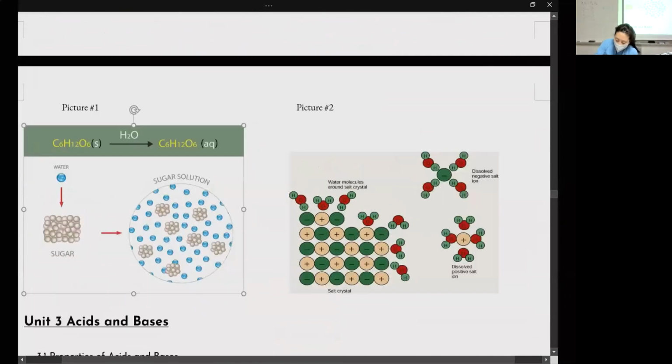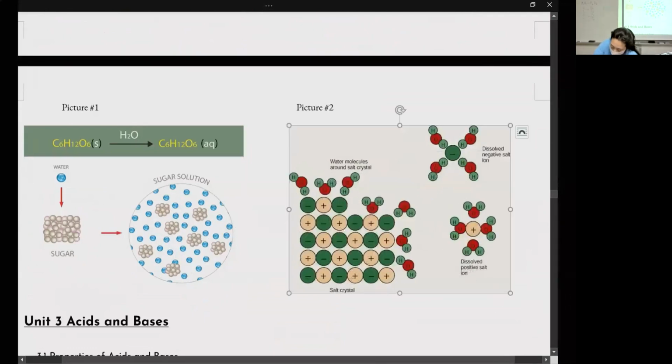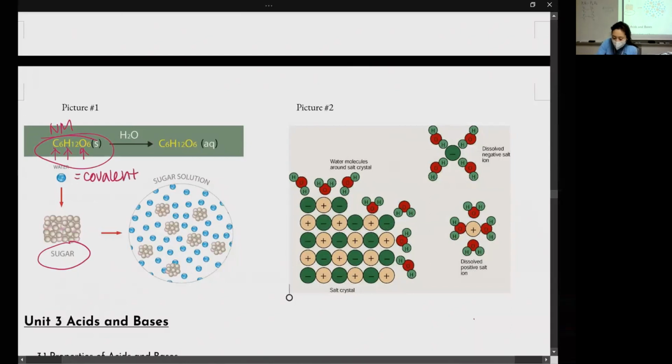If I look at these, I think in picture one you have a sugar, and C, H, and O, all three are nonmetals, which means they are covalent compounds, and sugars are usually covalent compounds.